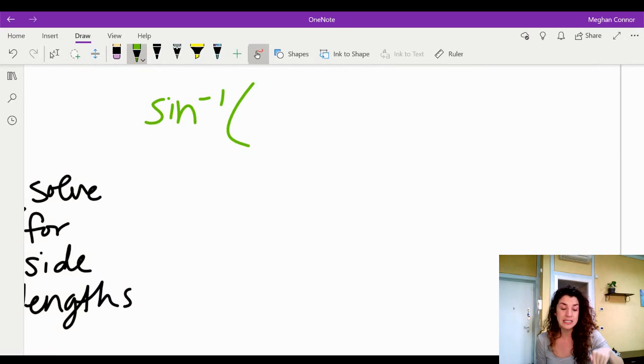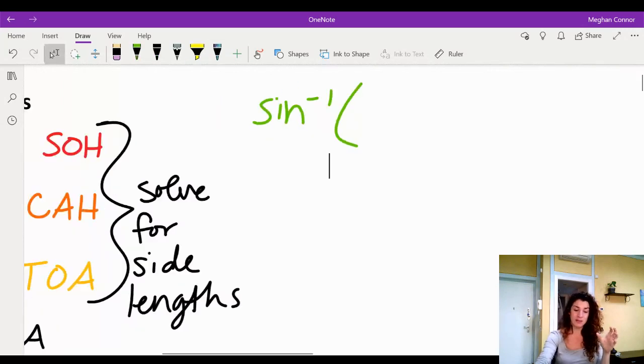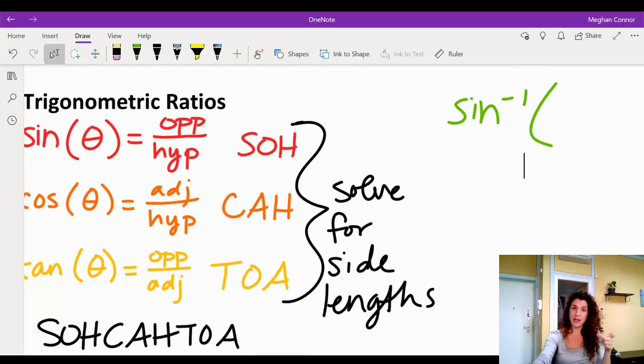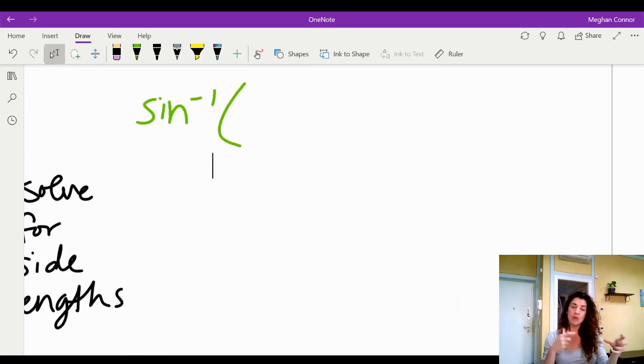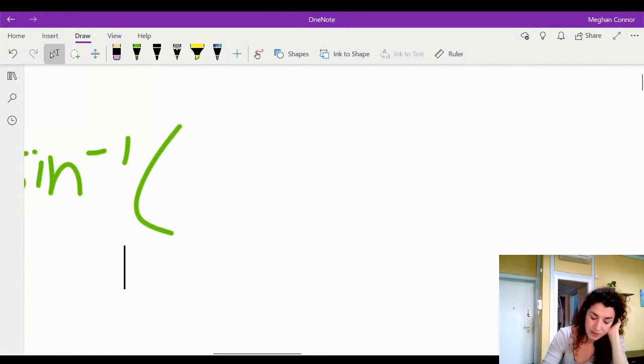So this is the inverse of sine, and the inverse of any function takes your input and your output and switches them. So if we're talking about sine, where typically our input was before an angle, and then our output was the relationship between side lengths, now when we're talking about the inverse of sine, we're talking about their input being the side lengths.